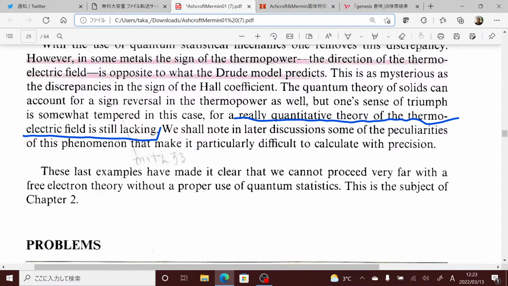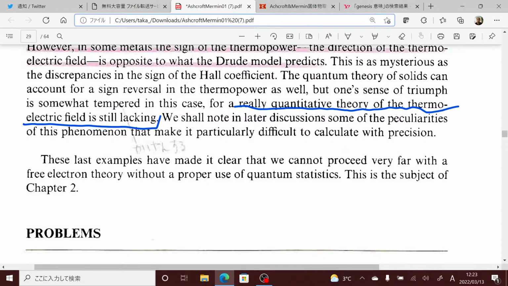We shall note in later discussions some of the peculiarities of this phenomenon that make it particularly difficult to calculate with precision.